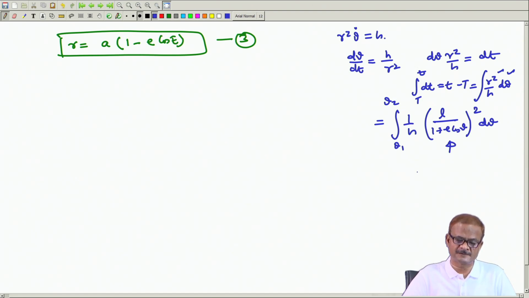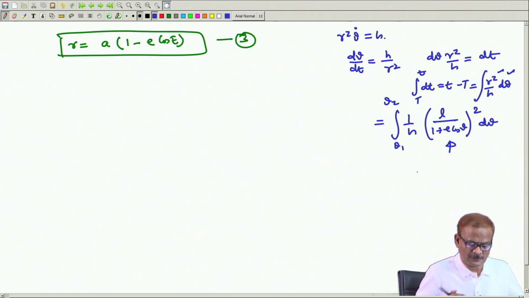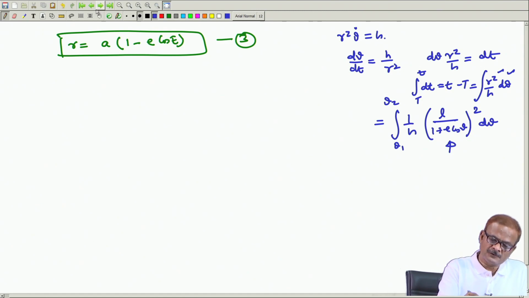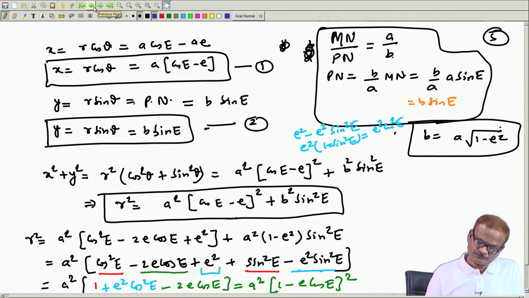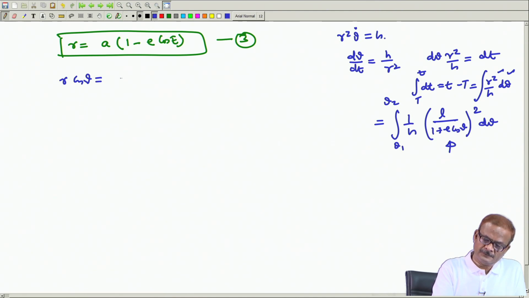That I will show you later on, but this is also very useful while working with many problems. So we are discussing this. Next we have to determine cos theta. The equations are already known to us, the x value we are aware of, so from there we can extract. So r cos theta equals a times (cos E minus e), and therefore cos theta becomes a by r times (cos E minus e).